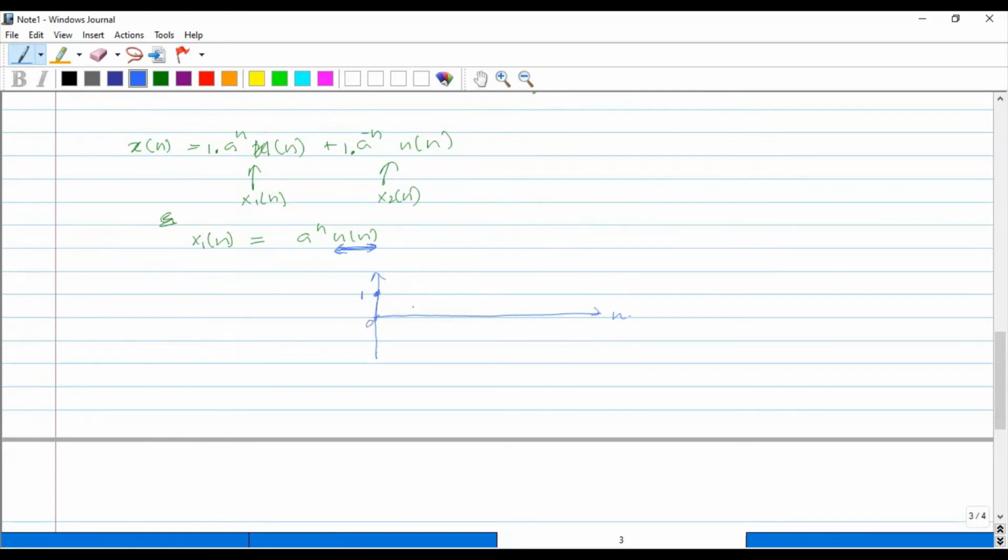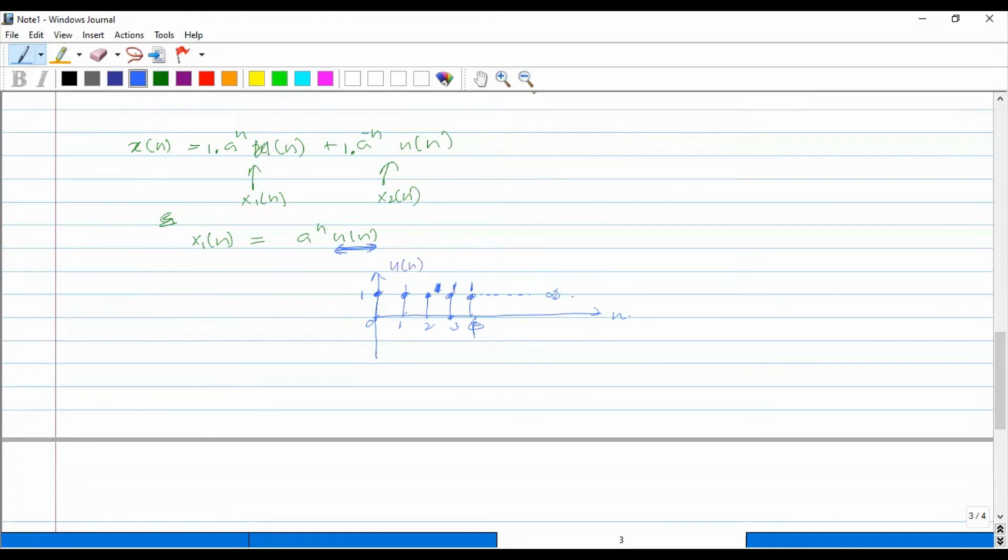At 0 we have 1, at 1 another 1, at 2 we have 1, at 3 and 4 also 1, and this goes up to infinity. So this is the unit step function.